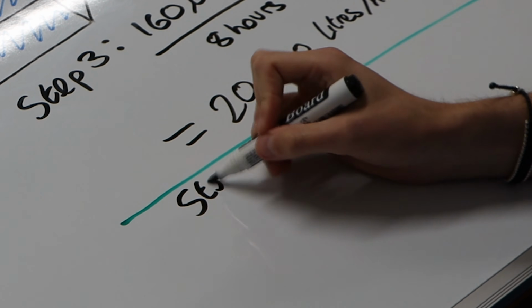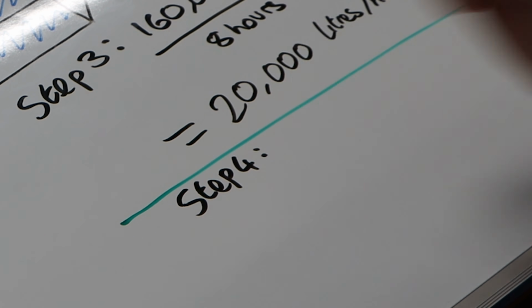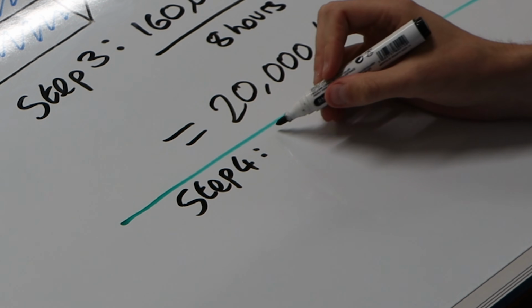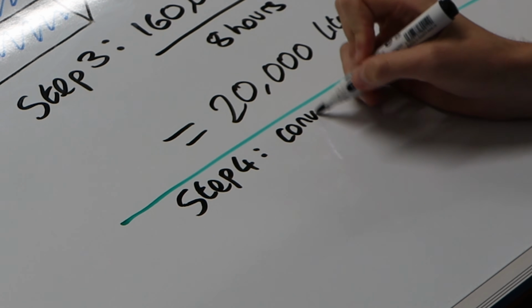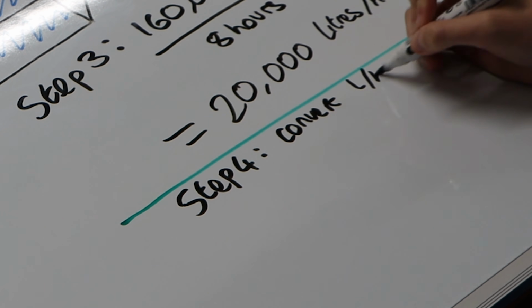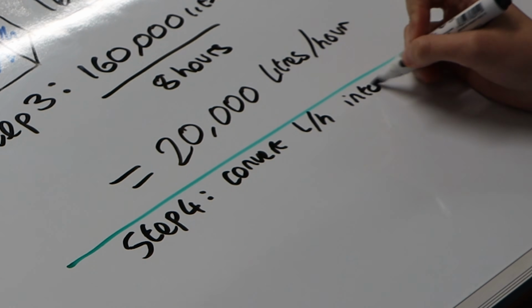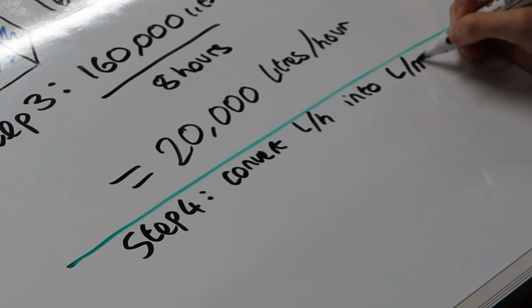So our step 4 is going to be about converting the litres per hour into minutes. So convert litres per hour into litres per minute.